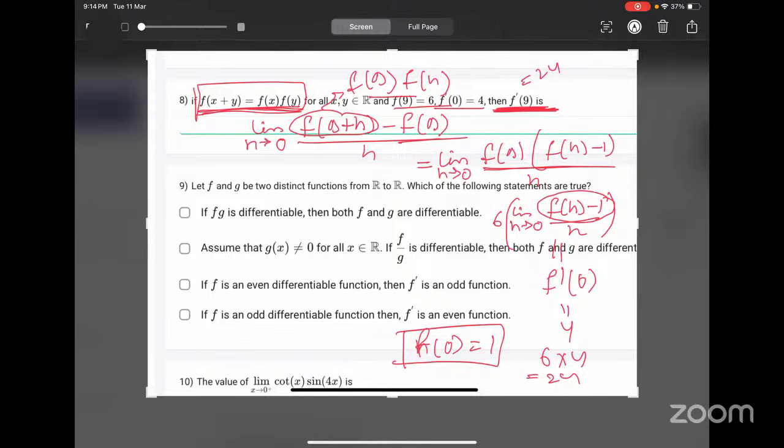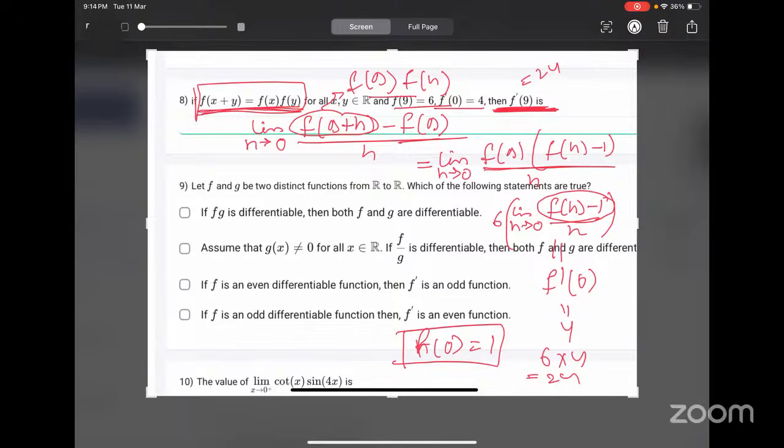That means the numerator is forced to be 0. So the limit is of the 0 by 0 indeterminate form, and that means f of 0 is equal to 1, right?